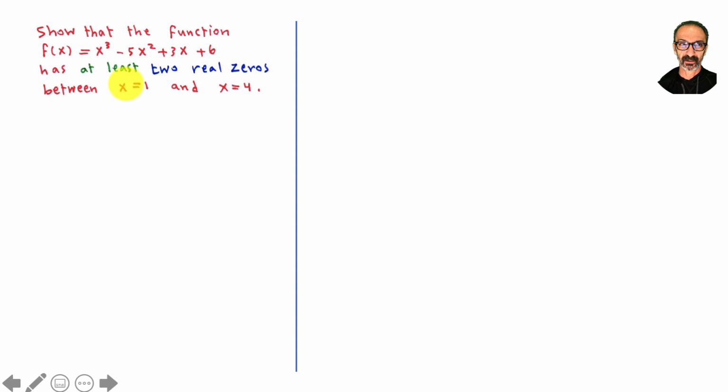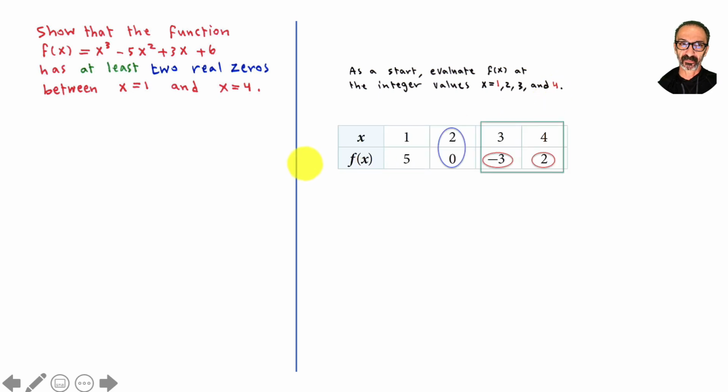We're going to just focus on this interval from 1 to 4. As a start, evaluate f of x at the integer values 1, 2, 3, and 4. If you take your time and make a small table like this one, I could see already a 0 right here, because f of 2 is 0. That means it crosses the x-axis at 2.